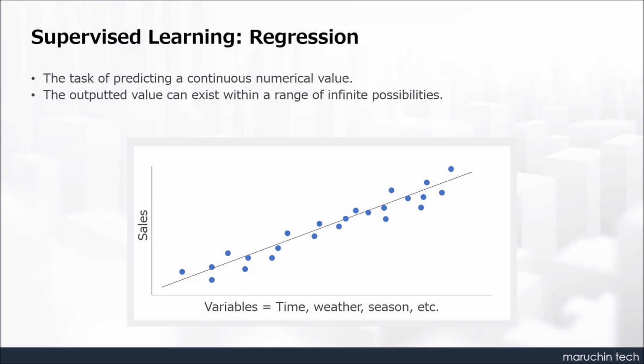Predicting that ice cream sales increase as the temperature rises is a regression problem. In the real world, the relationship isn't always a simple proportional one like y equals ax. It can be a complex formula. But regardless of complexity, the problem of finding a mathematical law from a large amount of data is called regression.